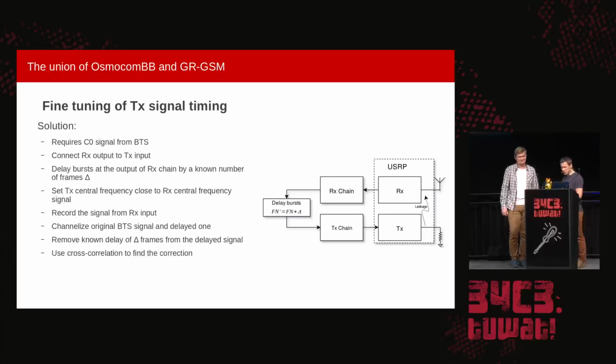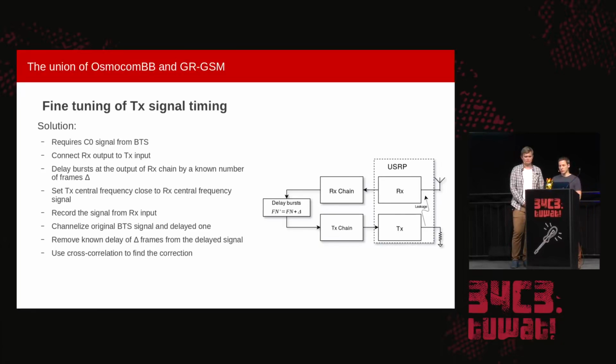So we have a signal coming from the base station to the USRP. At the output of the receive chain, we have bursts. These bursts we connect back to the transmit chain, but adding some known delay of some known number of frames. Then we retransmit this signal at some frequency close to the received signal frequency.